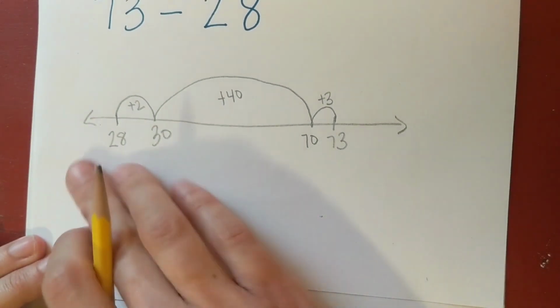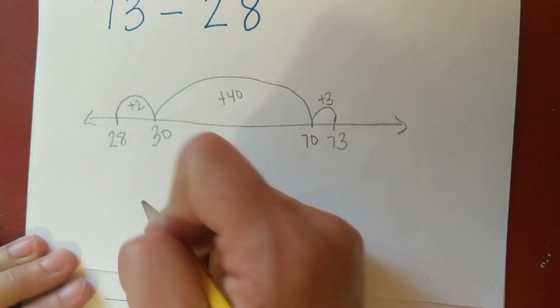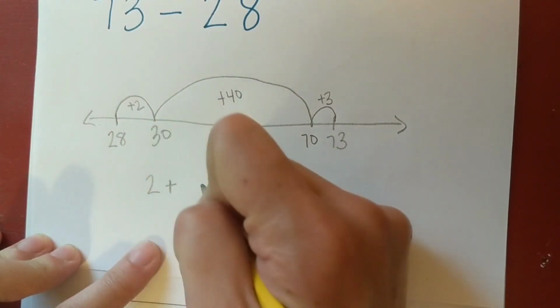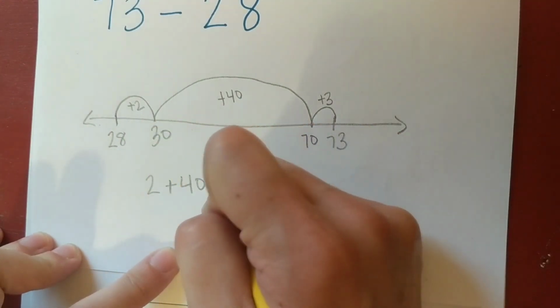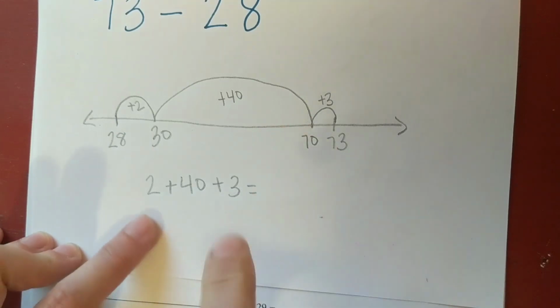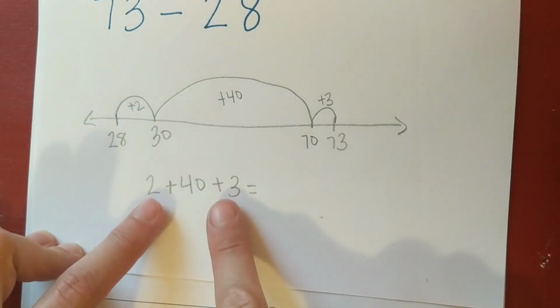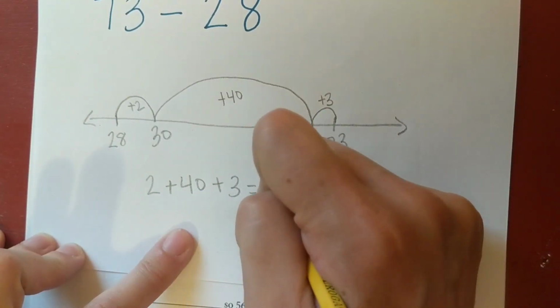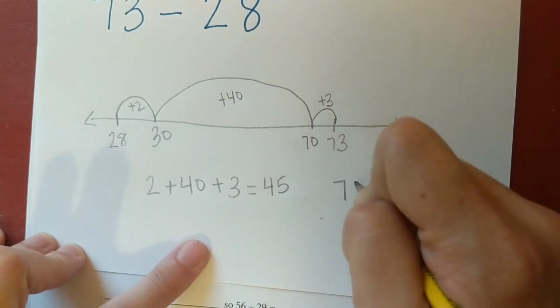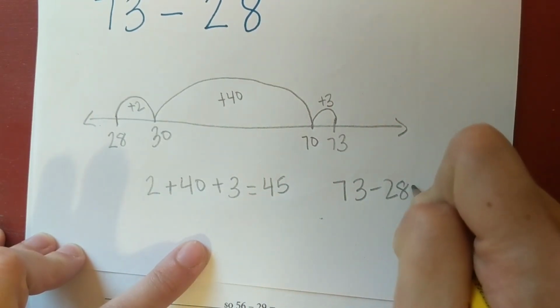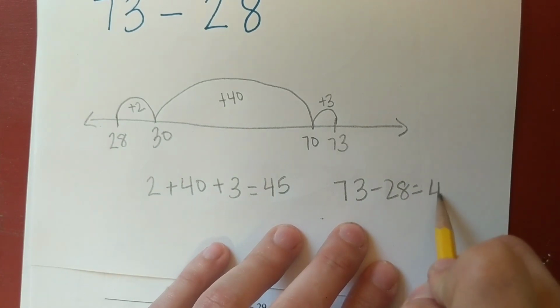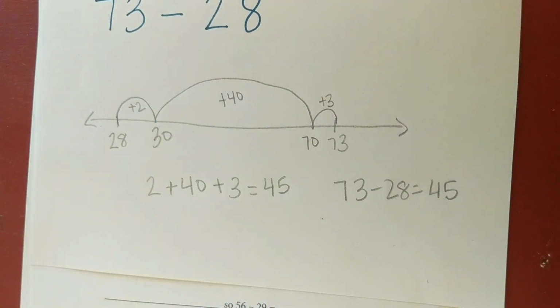And now remember, I need to figure out how many hops I took. So I'm going to say 2 plus 40 plus 3. Well, I know 2 plus 3 is 5, and 5 plus 40 is 45. So that means that 73 minus 28 equals 45.